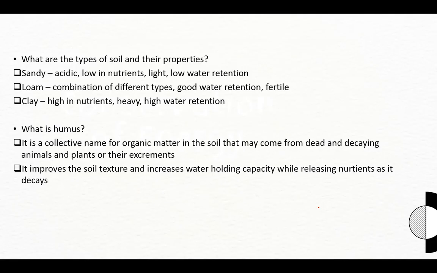And then we have clay soil, which is the opposite of sandy soil. So it's very high in nutrients. It's also very heavy. It's clay, as the name suggests, and it has a very high water retention rate. So it doesn't allow water to pass through very quickly.